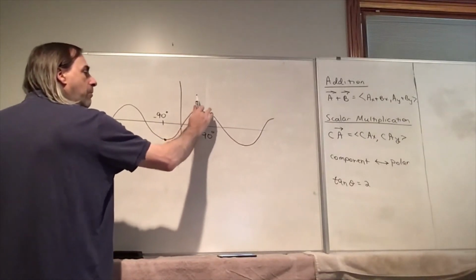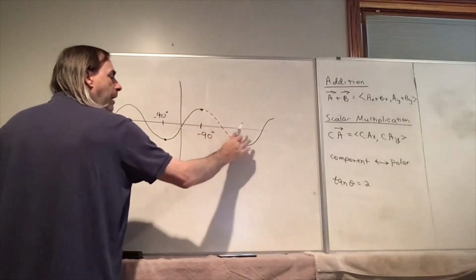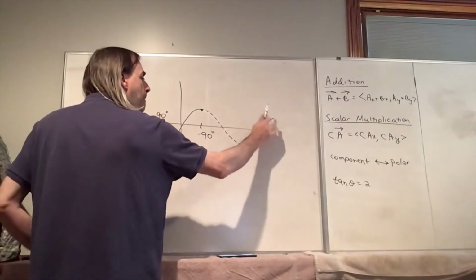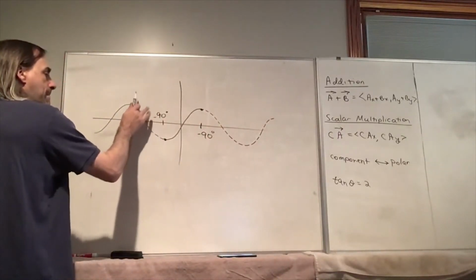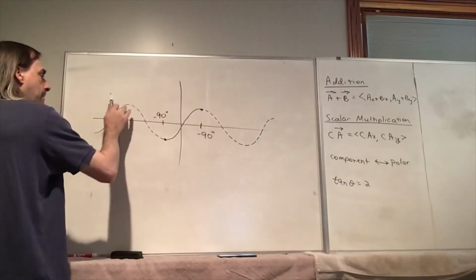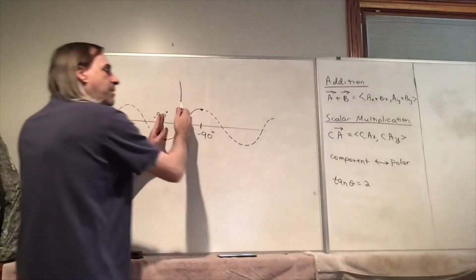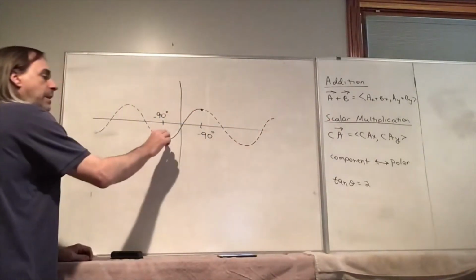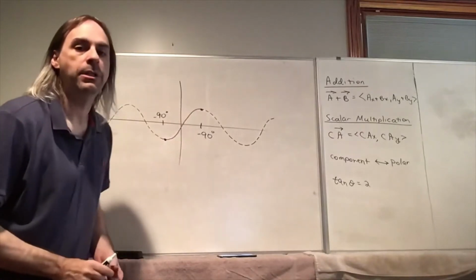Let's make this a dotted line for the rest of it. So we kind of just cut off everything else. And so this function only exists between minus 90 and 90 degrees.